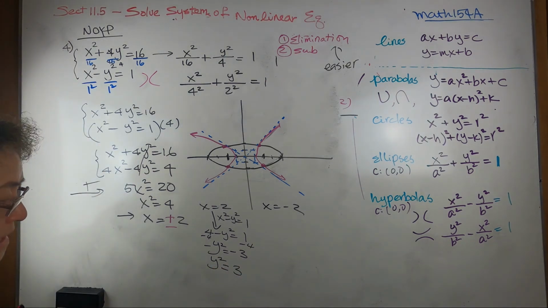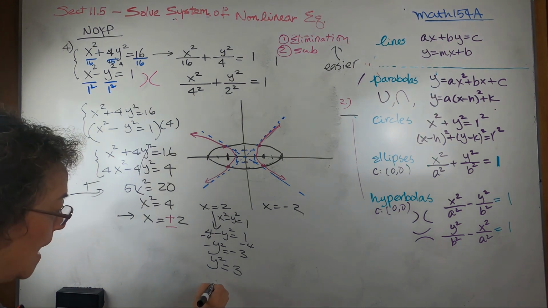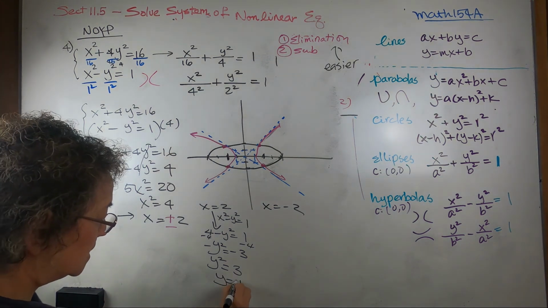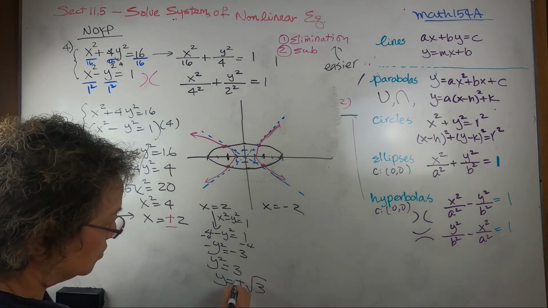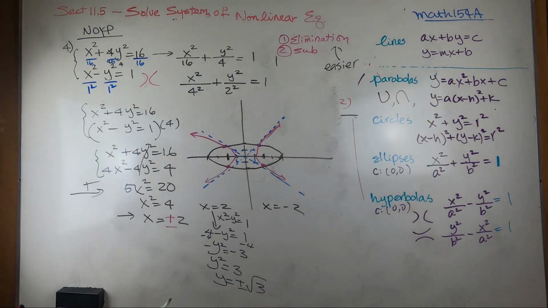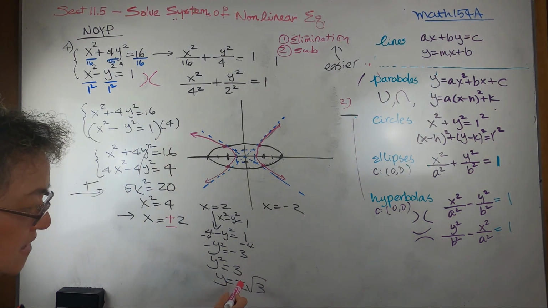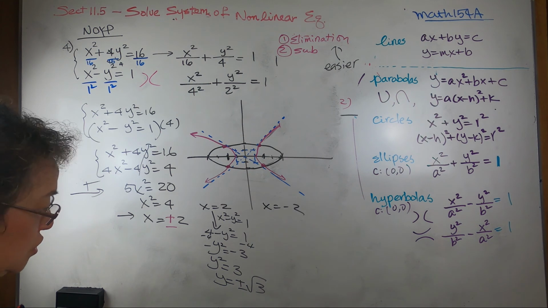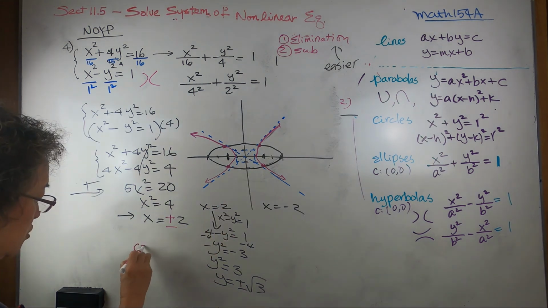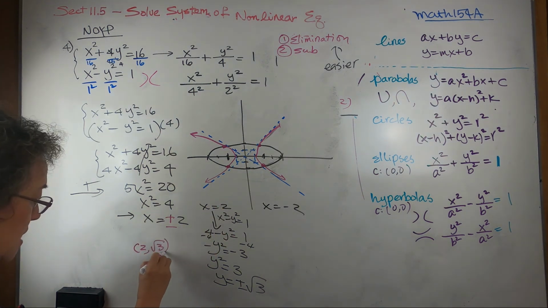Right? Then what's your y? Y would be what? Plus square root, but don't forget your plus and minus. Then how do you write your answer? All right. You need to write the answer clearly. And y can be positive and negative to match with 2. So one of the answers should be 2, square root of 3.